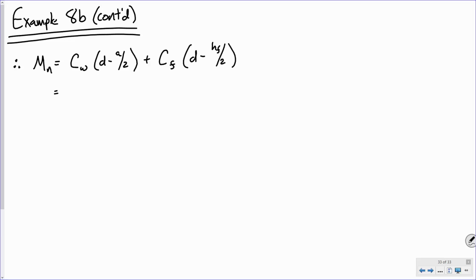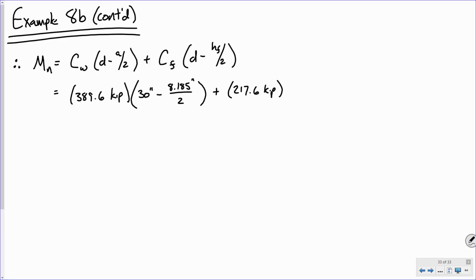So that's 389.6, and then d is 30 inches minus 8.185 inches over 2, plus C sub f is 217.6, and then 30 minus 4 over 2.